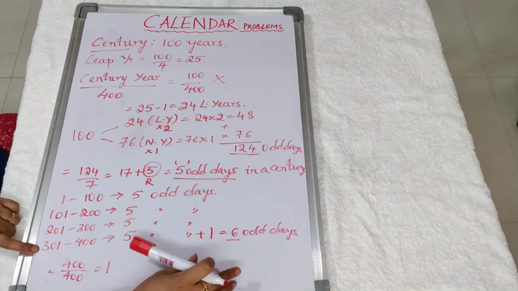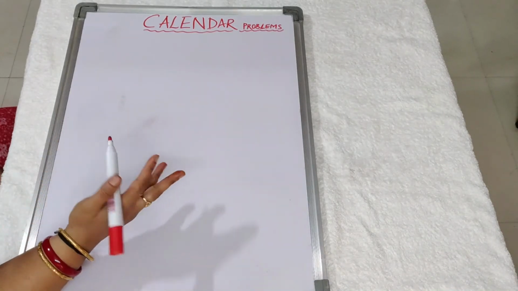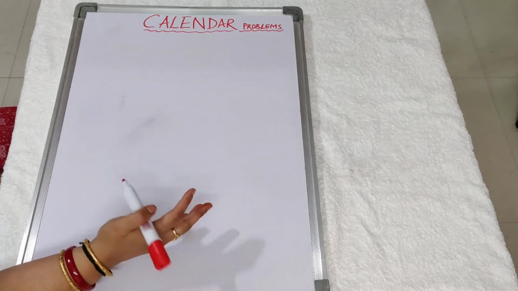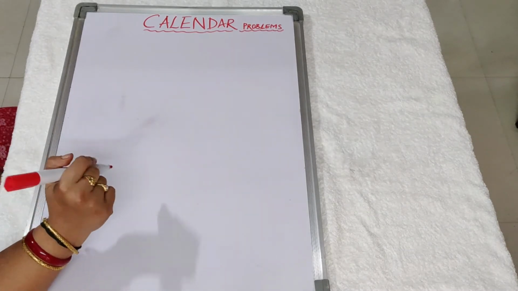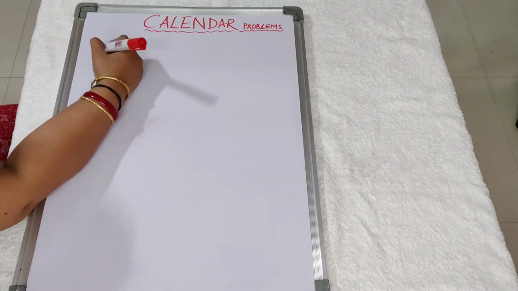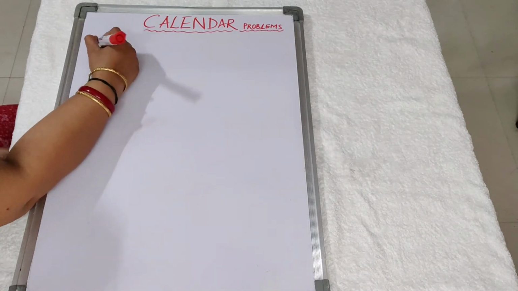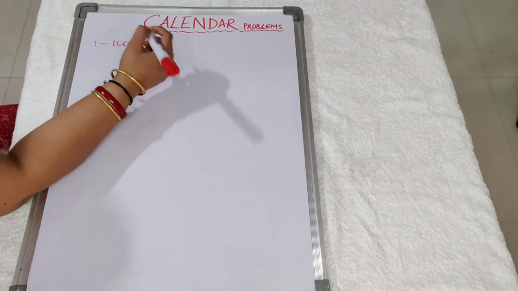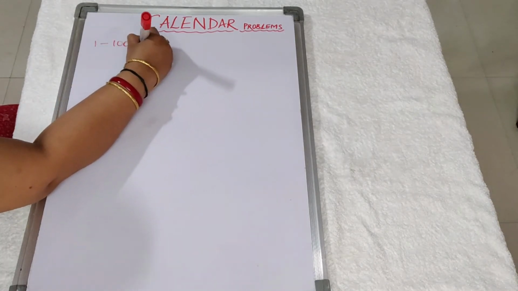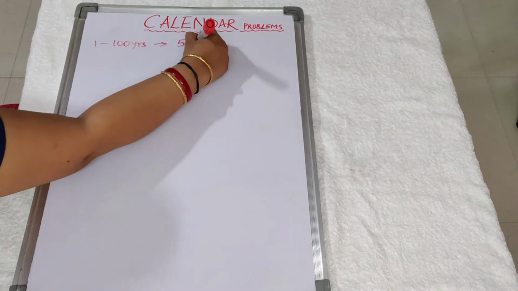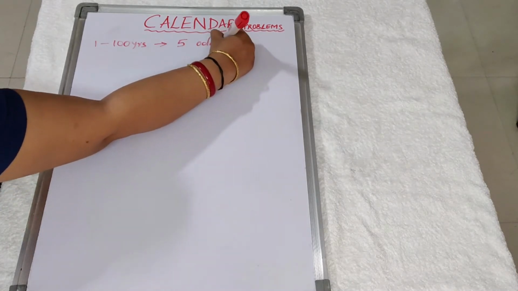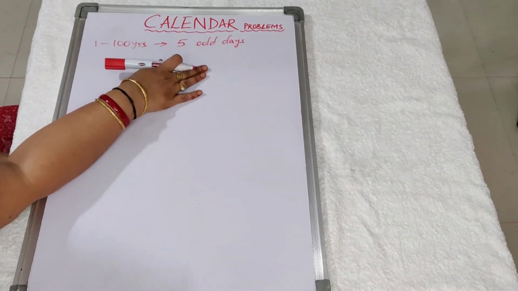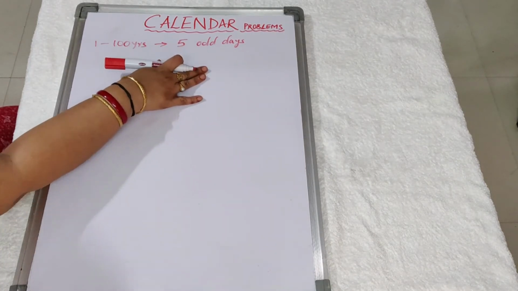Let's go to the next step. Yes, so we came to know that in 1 century, you always have 5 odd days. Now on that basis, let's go calculating with 1 to 100 years, which has 5 odd days. This odd days concept is really going to help us when we do the formula.